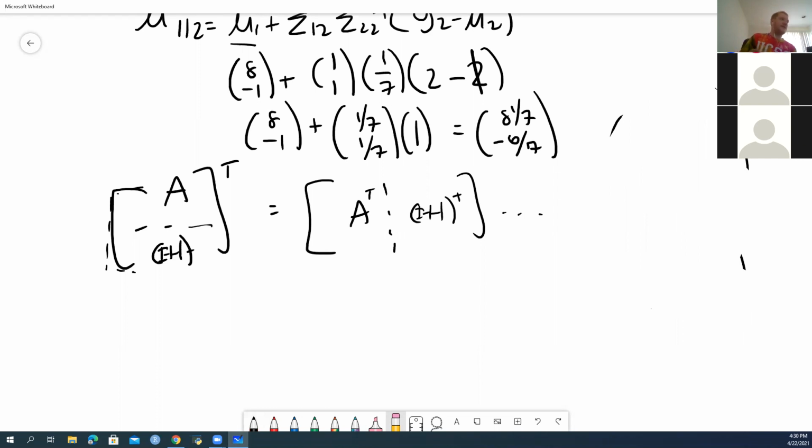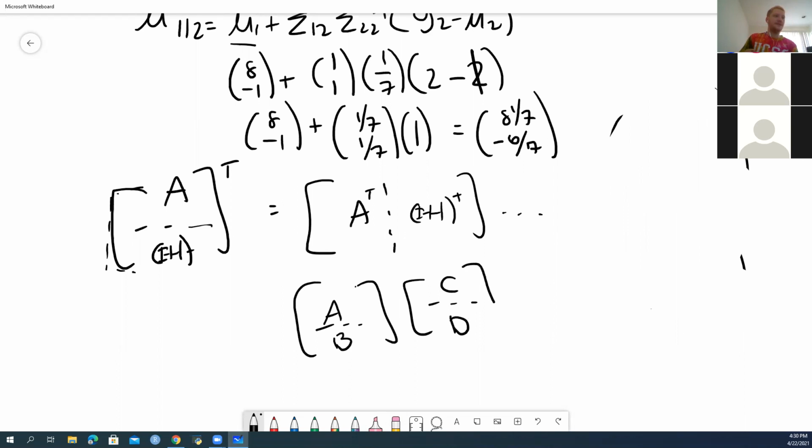So that's the only thing. And then also, if you multiply it, you can multiply it like it's a matrix. You can treat this like an entry and this like an entry. So like A, B times C, D. Well, it's not actually going to work, so I should do it like this.